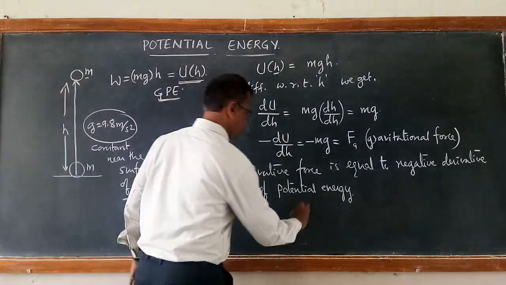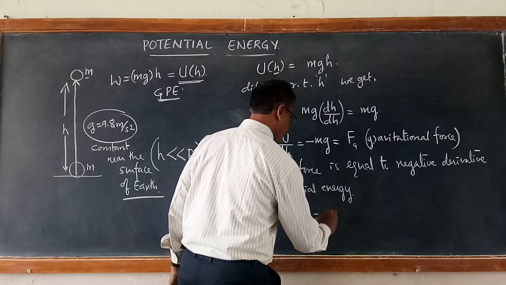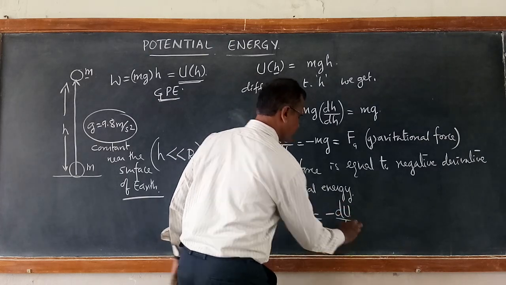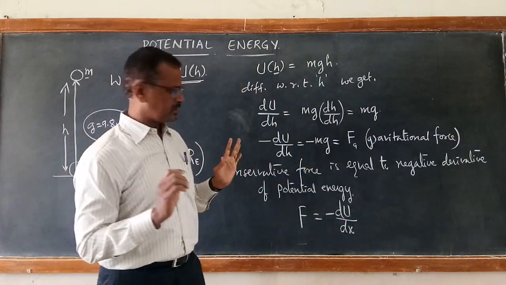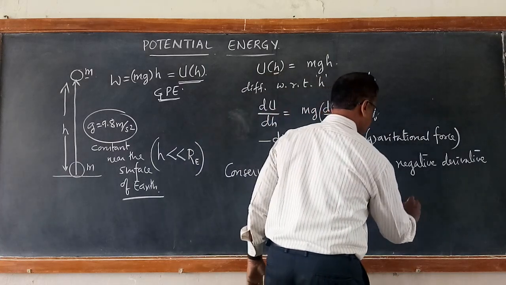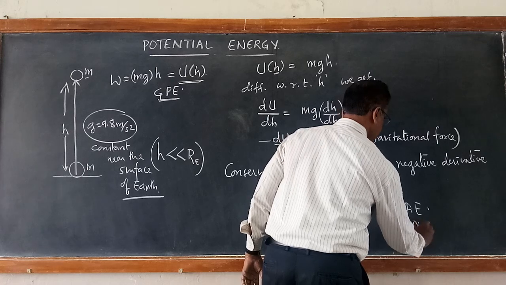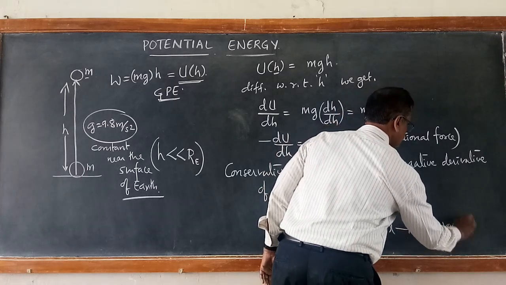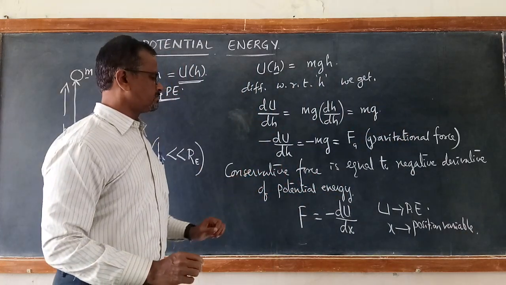It means F is equal to minus dU by dx, where in general we take x as a position variable, right? So U is potential energy, x is the position variable. So this is the second way of defining what potential energy is.